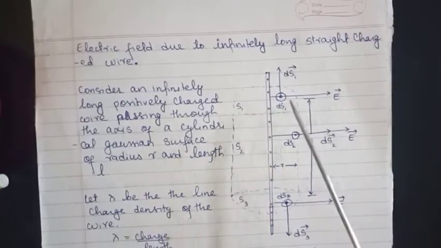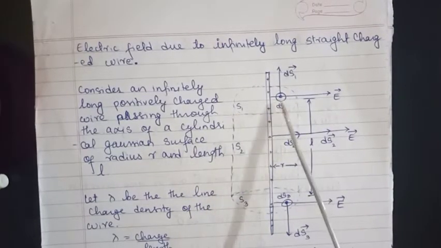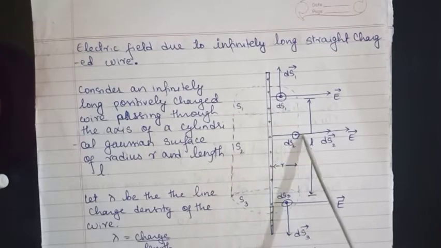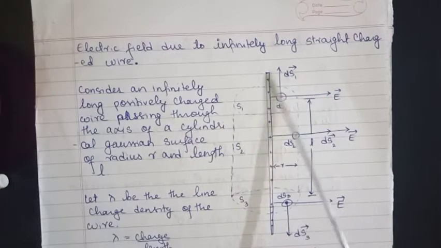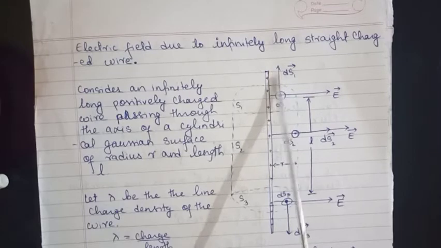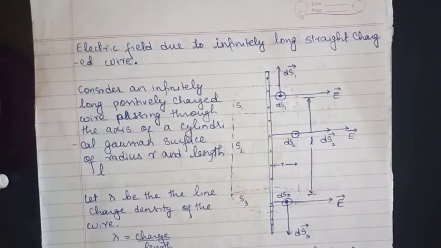I'll consider a small area in each surface, that is in S1 I consider the small area ds1, in S2 I consider a small area ds2, and in the third surface I consider an area ds3. And now for this area, the area vector is going upward and electric field is going in this direction, so the angle between them is 90 degrees.